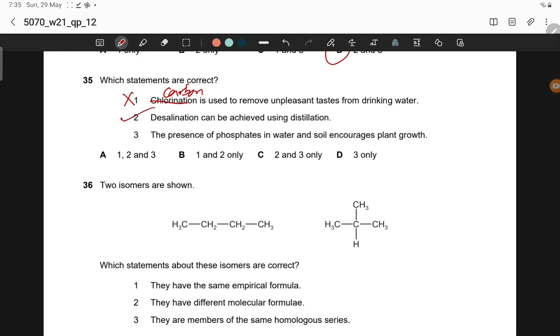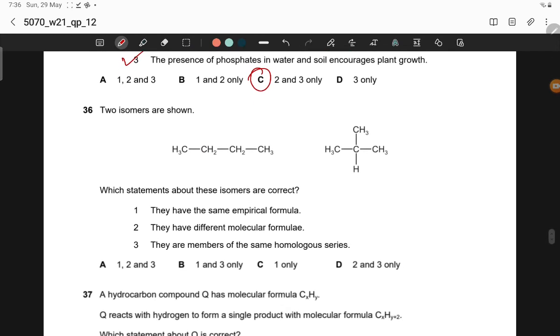Yes, desalination can be achieved using distillation. The presence of phosphates in water and soil encourages the growth of algae plants. So 3 is also correct. So 2 and 3 means option is C.